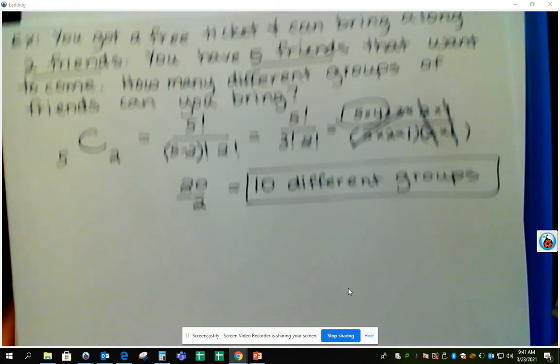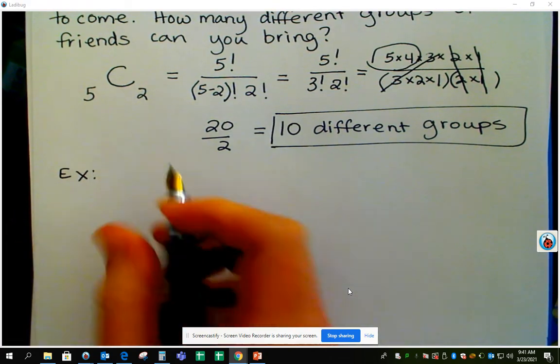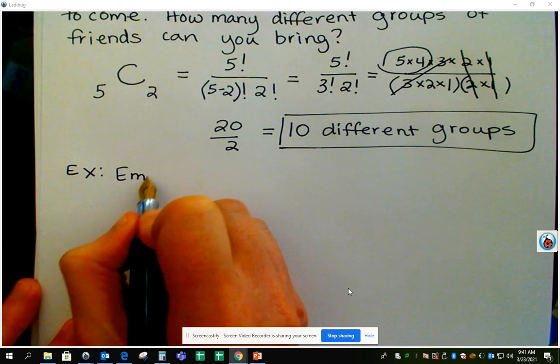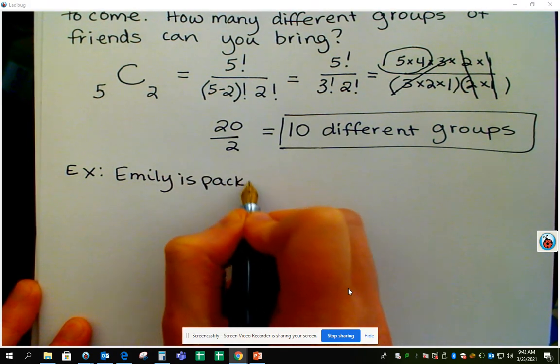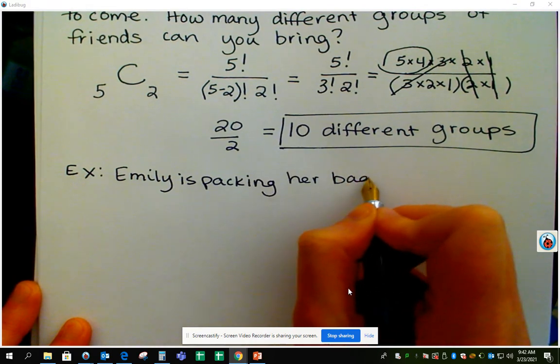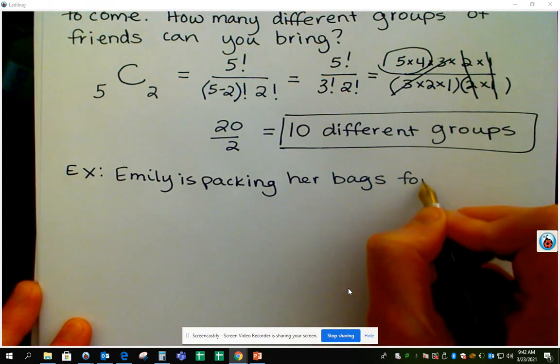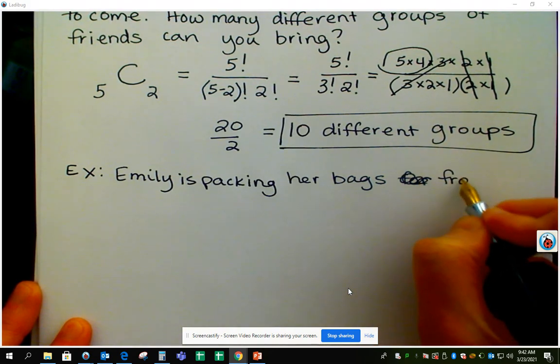All right, so let's try another one, get the hang of it. On this one, Emily is packing her bags for vacation. Well, not for vacation, from vacation. She's coming home.